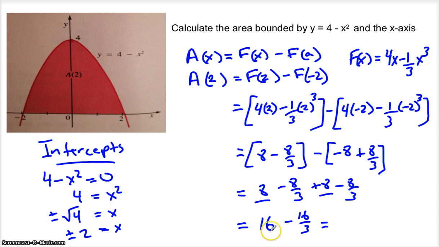Common denominator here would be 3, so we'll rewrite 16 as 48 over 3 minus 16 over 3, and we get 32 over 3. And that's our area.